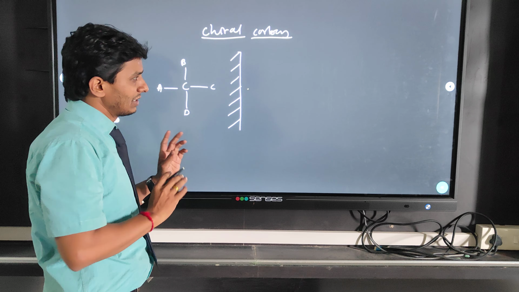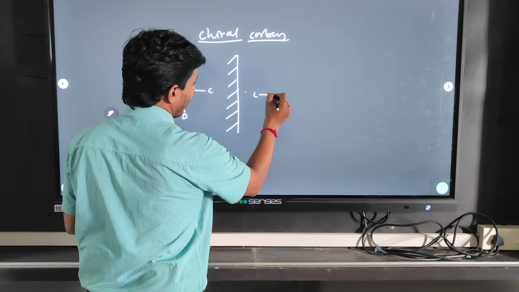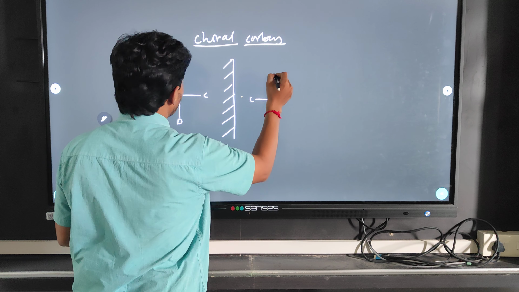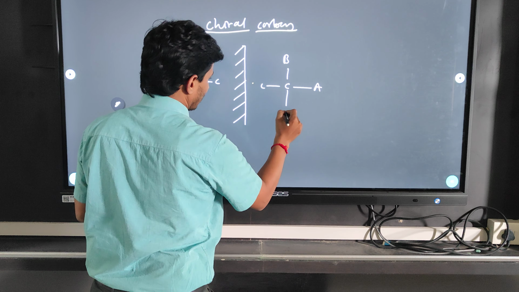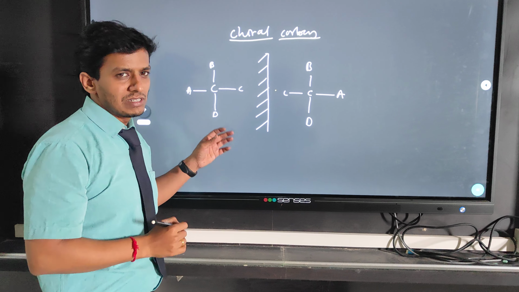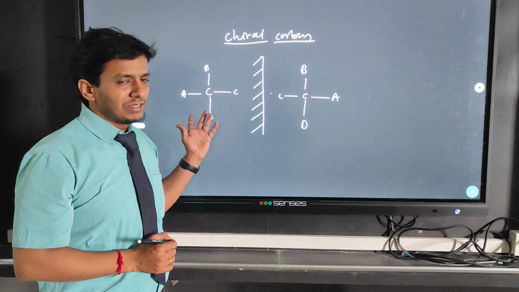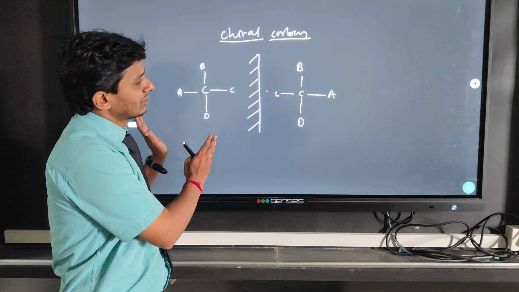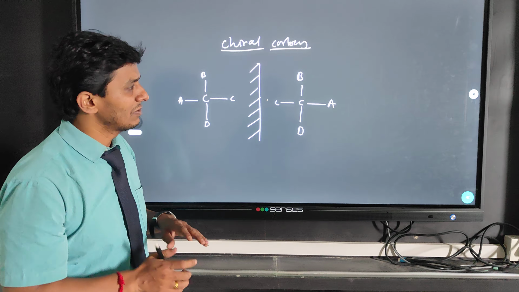If this molecule has a mirror image, so if you take a mirror image of this molecule like this, this is a mirror image of this molecule. Now if this mirror image is superimposable, what is the meaning of superimposable?